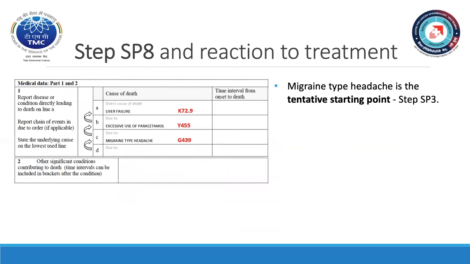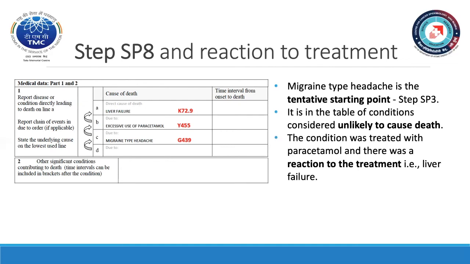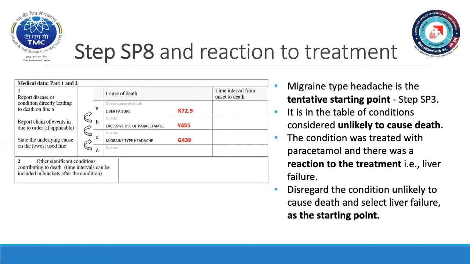In this case, migraine type headache is the tentative starting point, step SP3. It is in the table of conditions considered unlikely to cause death. The condition was treated with paracetamol and there was a reaction to the treatment, i.e. liver failure. Disregard the condition unlikely to cause death and select liver failure as the starting point.